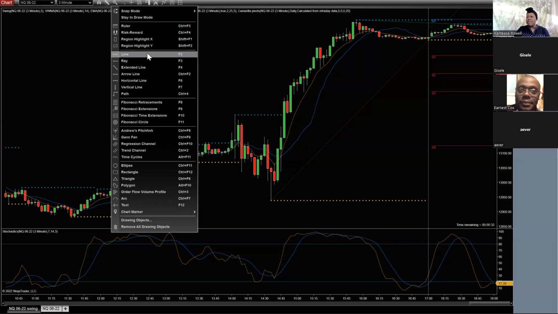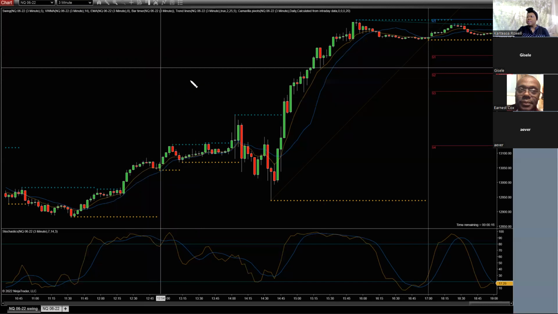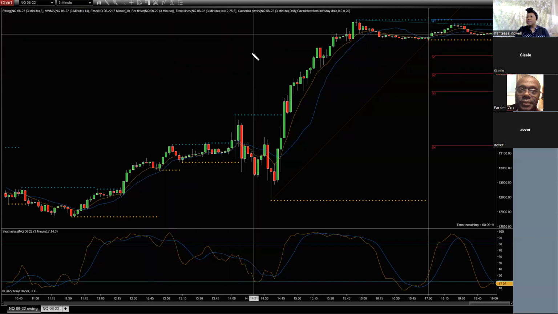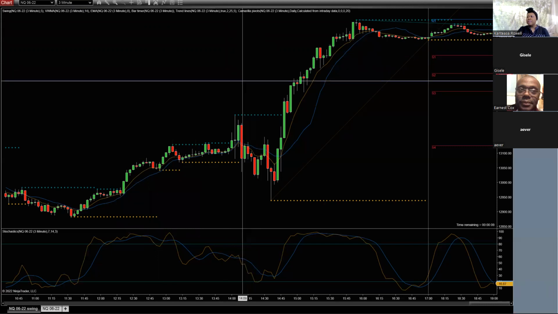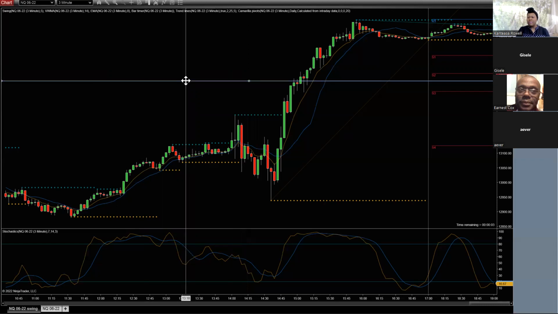The tool that I use to chart my support and resistance is this horizontal line right here. If you click on the horizontal line, I can move it up and down to determine where I want to place it. I can drop it here and it's there. If I click on it, press delete, it's gone.